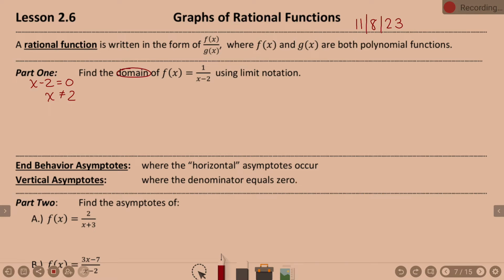Setting your denominator equal to 0, if you recall, will give us a vertical asymptote. So I know that my graph does not exist at x equals 2, and I know there's a vertical asymptote at x equals 2. That's some of the information we have.